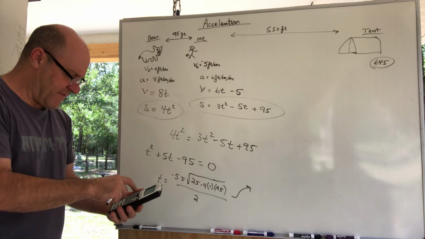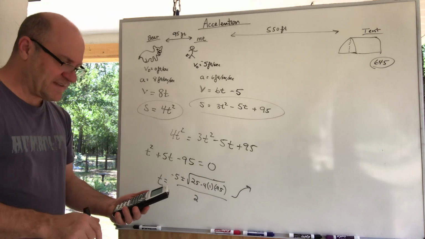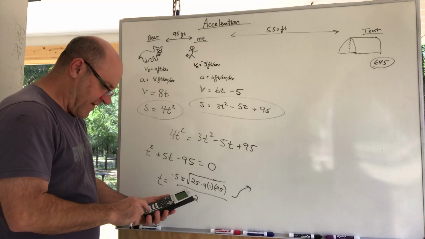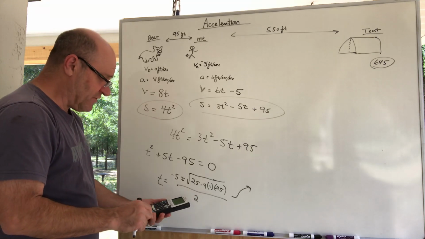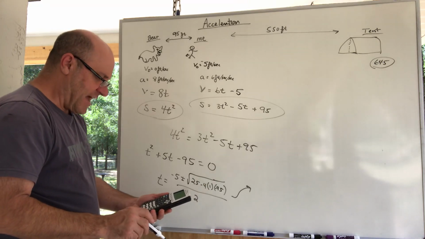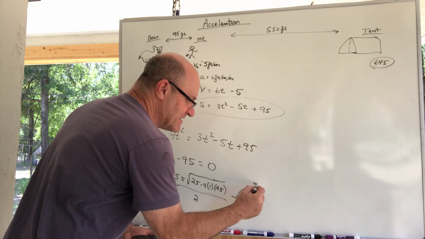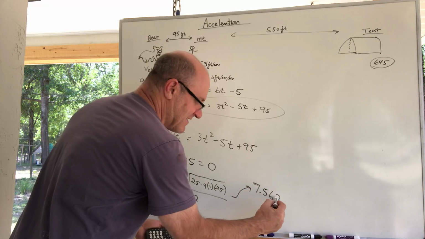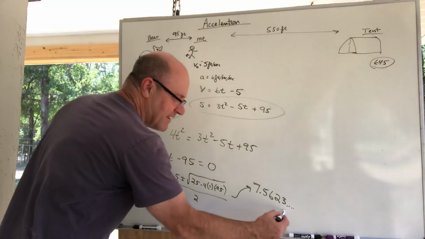That's 405, and the square root of that is 20.12. I add that to the negative 5, which is 15.12, and divide by 2. Uh-oh, I don't think this is good news. I got 7.56 seconds. He should catch me in 7.56 seconds. I could give it more decimals if it gets that close, but I'm worried. I think he got me.